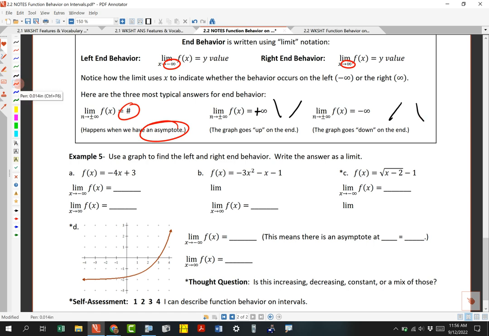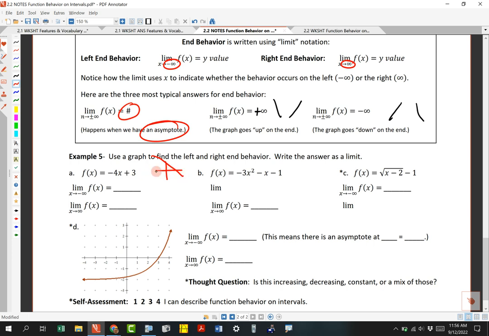So if we take a look at these examples down here, we've already got a sketch on this one. This is negative 4x plus 3. This would be a line that looks like this.